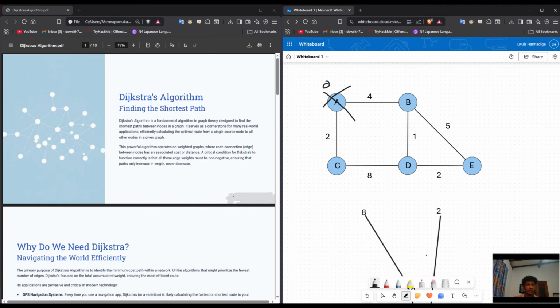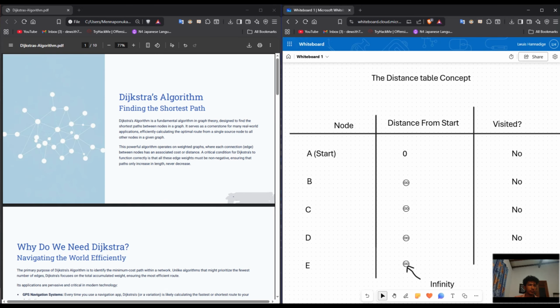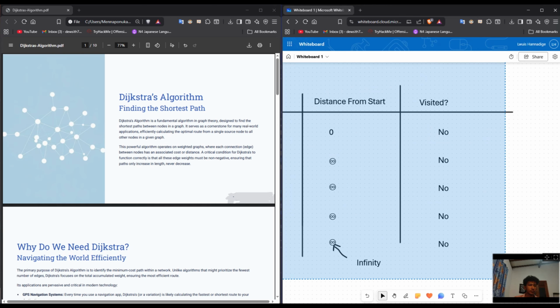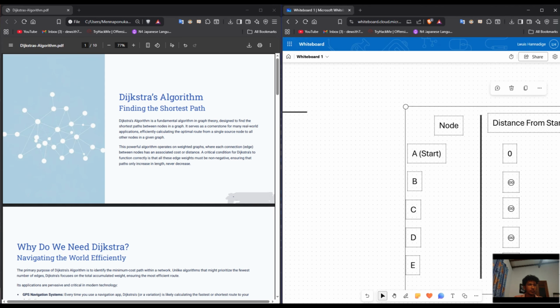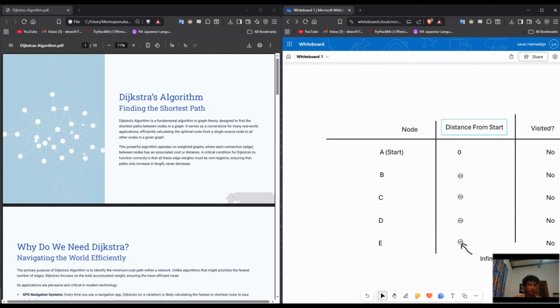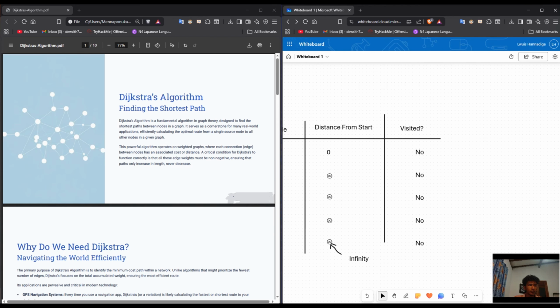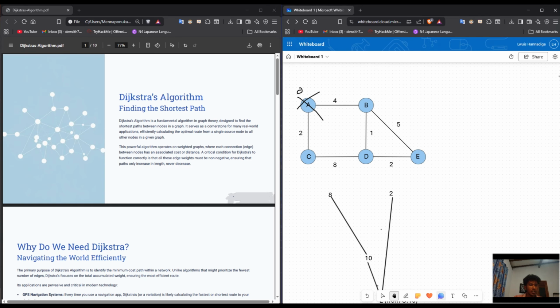So A to B is 4. I'll do the calculations here.